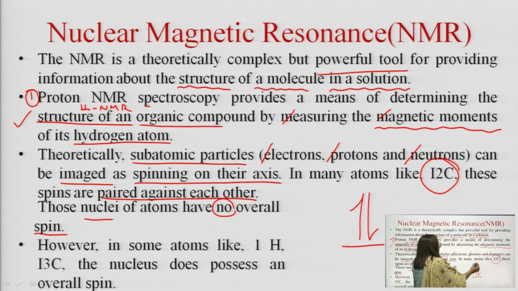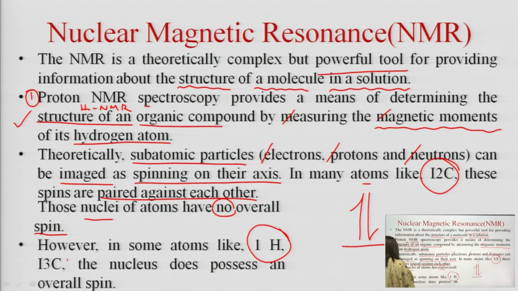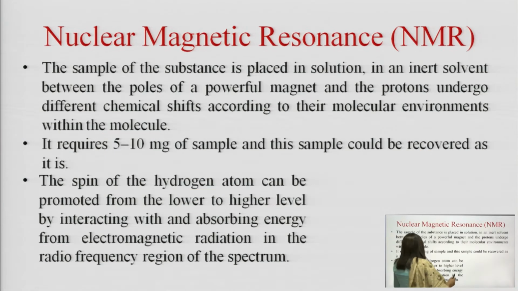That means if there is proper pairing of electrons or protons, there is no spinning of the nuclei on exposure to the electromagnetic radiation. But in case of hydrogen-1 or carbon-13, the nucleus possesses an overall spin.